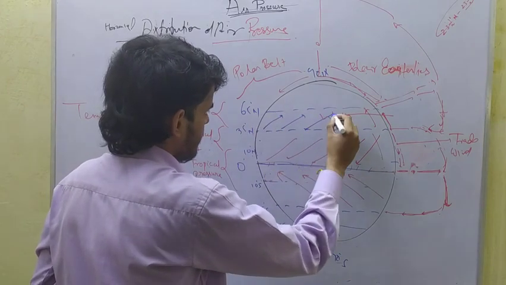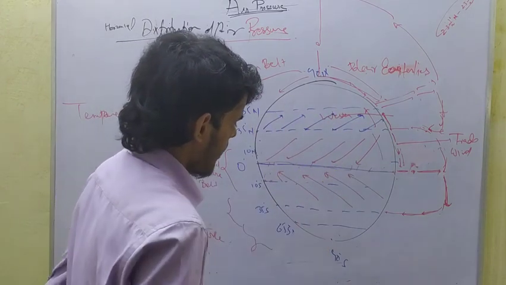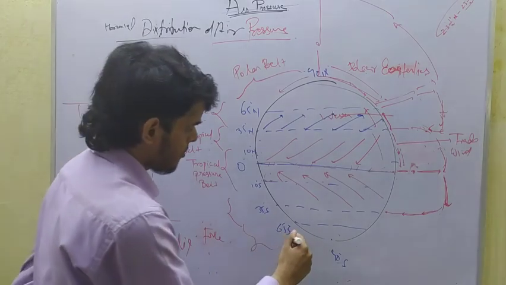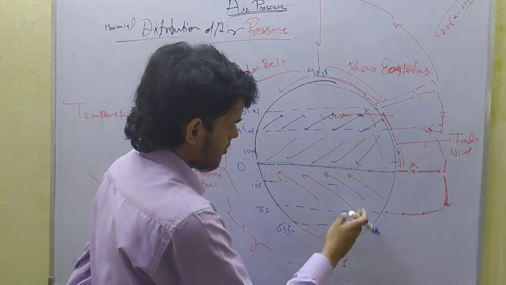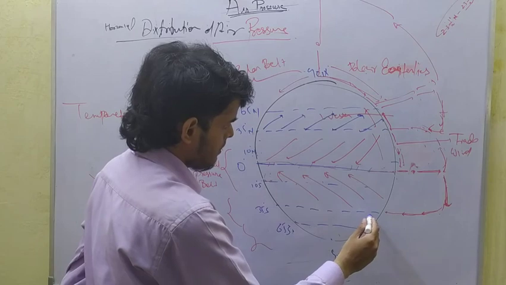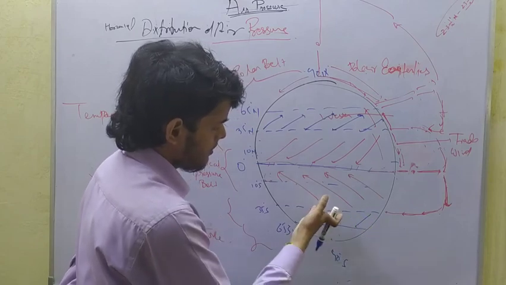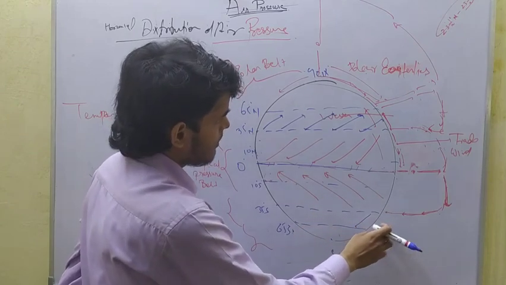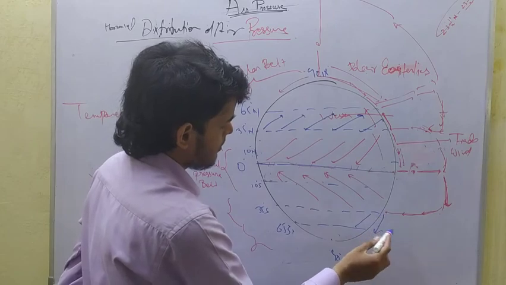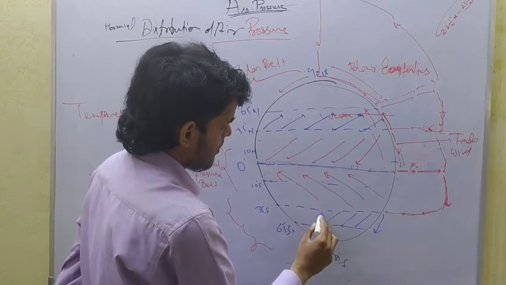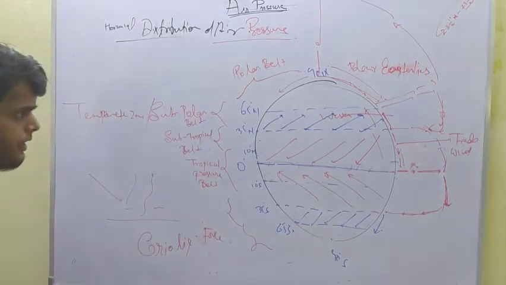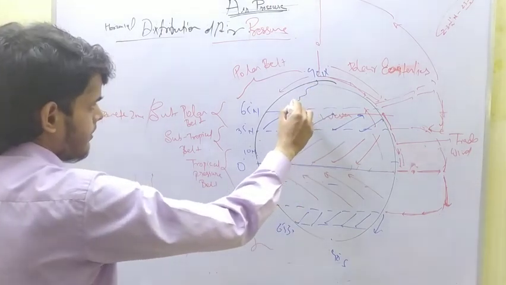These will be westerlies, from 35 degrees south to 65 degrees south, with a leftward shift. These will be westerlies and polar winds will be like that.